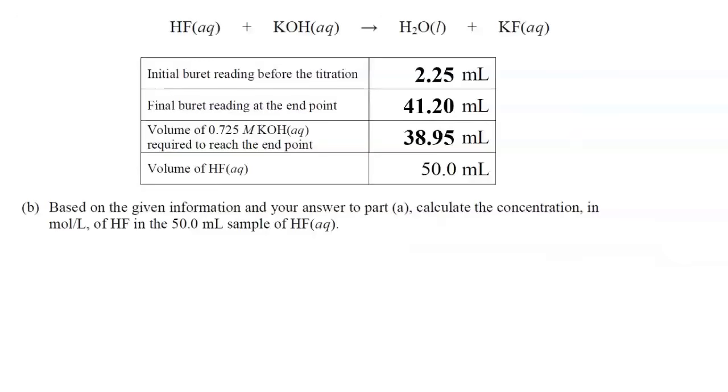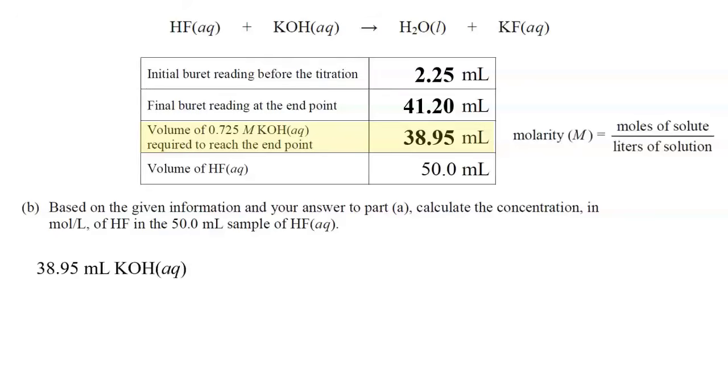Part B, based on the given information and your answer to Part A, calculate the concentration in moles per liter of HF in the 50.0 milliliter sample of aqueous hydrofluoric acid. So we'll start with volume of KOH. We'll convert volume into moles. So molarity is moles over liters.